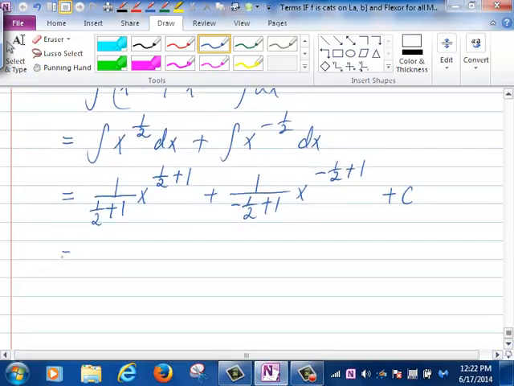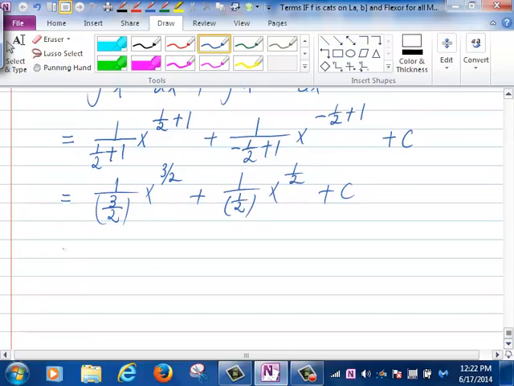What do I have then? 1 over 3 half here, x to the 3 half, plus 1 over a half here, x to the half. Notice that 1 over 3 half is 2/3. So 2/3 x to the 3 half plus 2 x to the half plus a c.